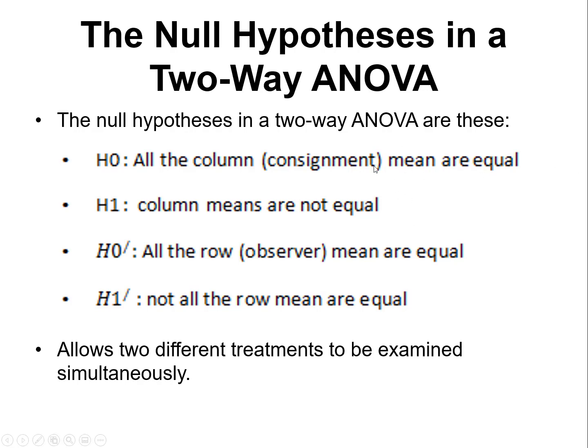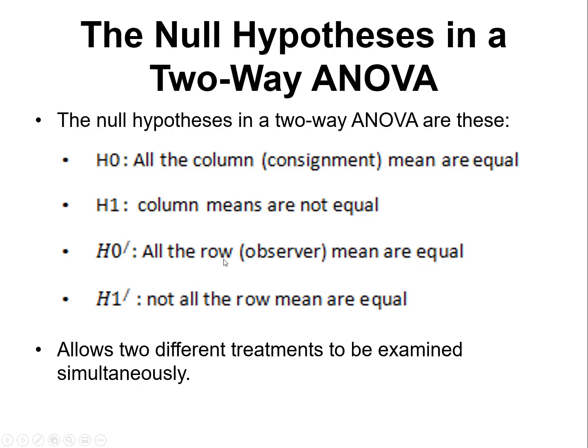Let's suppose in the columns we have different means, such as gender, ethnicity, etc. So the mean salaries across all columns are equal. H1 will be the alternative: not all means are equal, at least one will be different. Now, all the row means are equal.